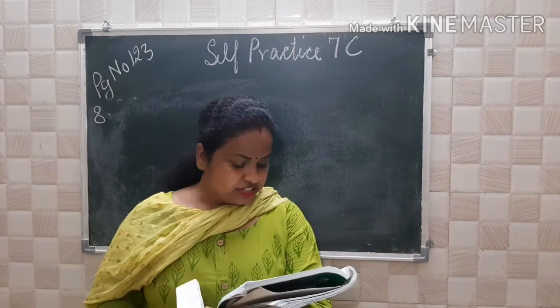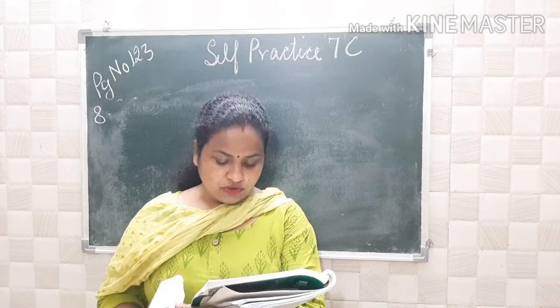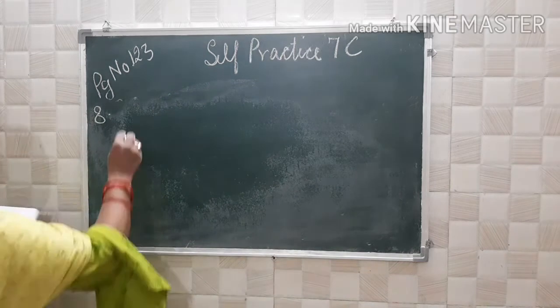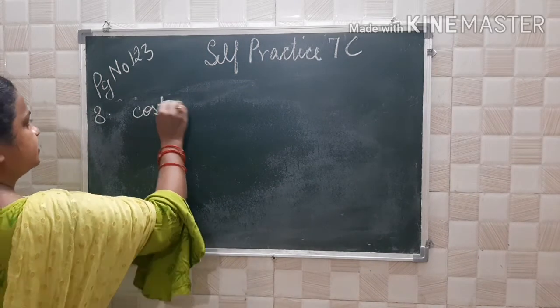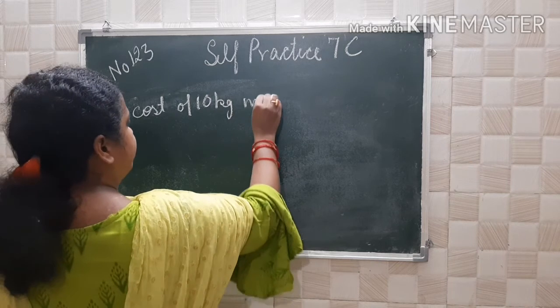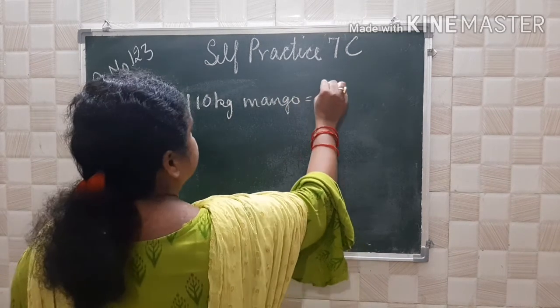If 10 kg of mangoes cost 550, how much will 27 kg cost? Okay. The cost of 10 kg mango is equal to rupees 550.